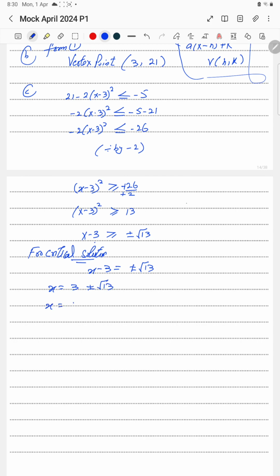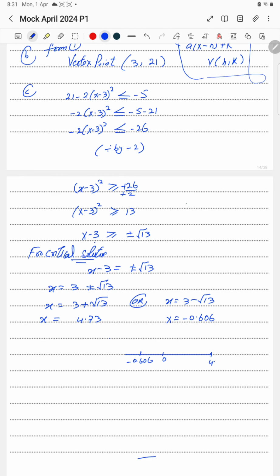One value is x equals 3 plus root 13, and the other one is x equals 3 minus root 13. Once we check this on the number line, or you can solve it by calculator, with the plus we get 4.73, and with the minus we get minus 0.606. So on the number line, it is minus 0.606, and here somewhere this is 0 and it is 4.73.